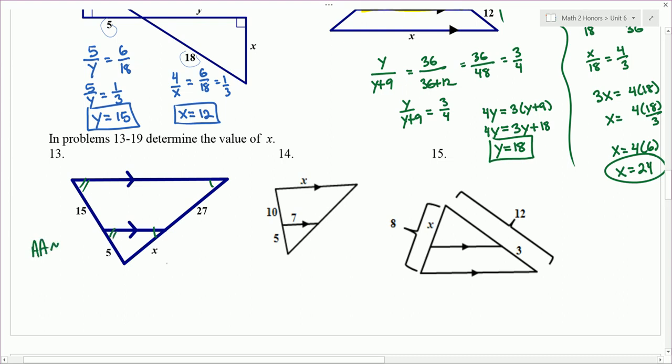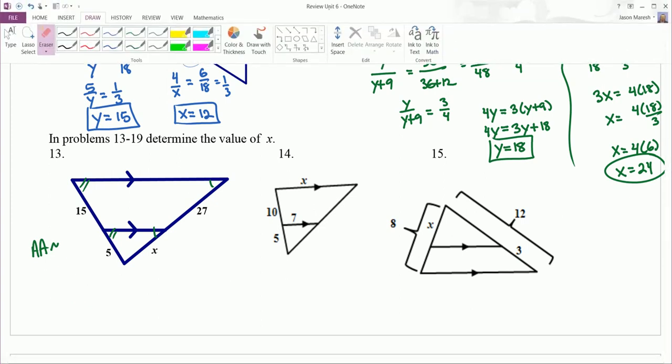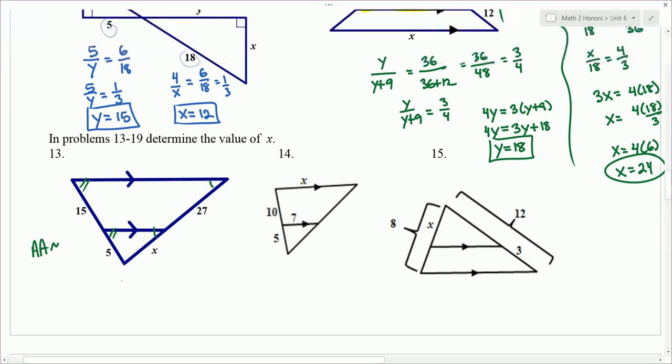And we could say small triangle, we have x over 5. Well, actually, let's go small to big. It'll work out better for us. So 5 to 15 is, so small to big, is x over x plus 27.